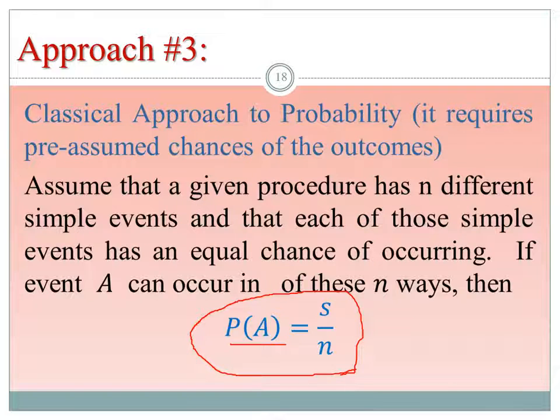Here n is the number of total outcomes, the number of total elements in the sample space, and s is the number of elements in the particular event. Most of the time we use this formula for our probability calculation.